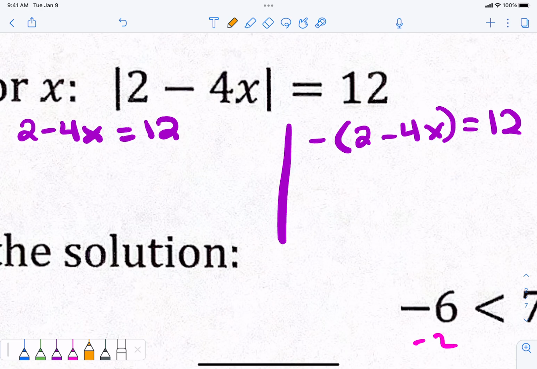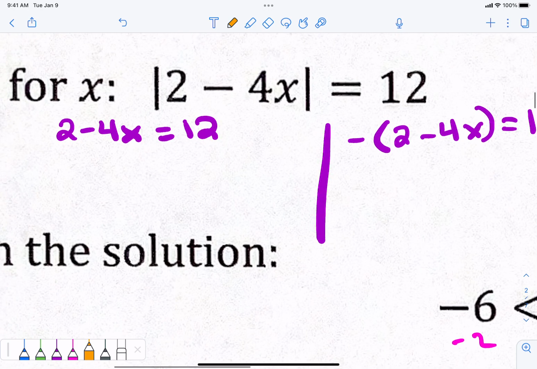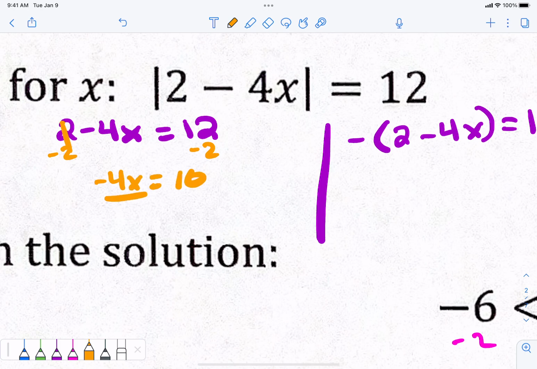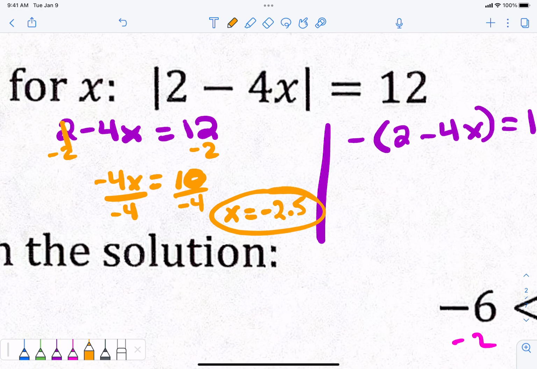All right, the first one, if we solve, I'm going to subtract the 2 over. So -4x equals 10. Divide by -4, and that is -10 over 4, which is -5 halves, or -2.5. I don't care how you write it.